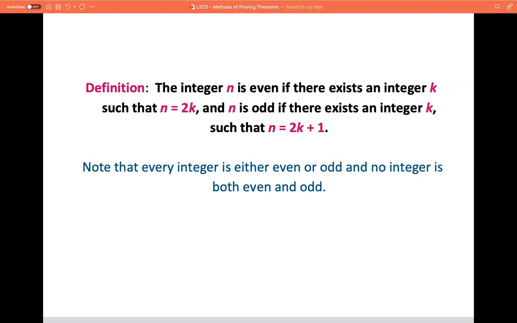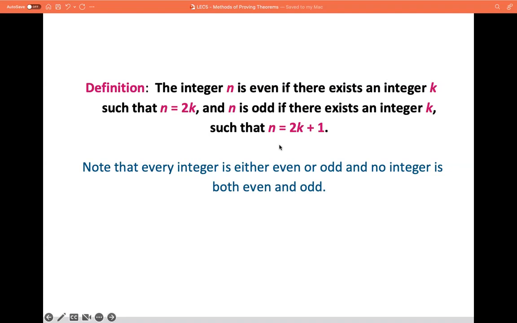Okay? And what about an odd number? We say that n is odd if there exists an integer k such that n is equal to 2k plus 1. So we simply add 1 to the 2k. For example, if we have an odd integer 5, that is equivalent to 2k plus 1, where k is equal to 2.